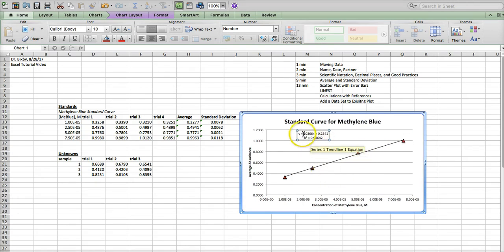So you can see here we've got a pretty large slope, and that's because our x-axis is super tiny units. That's nice because we don't have to worry about sig figs in that case.